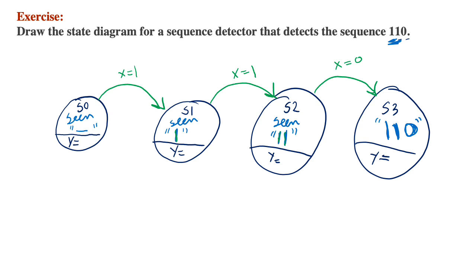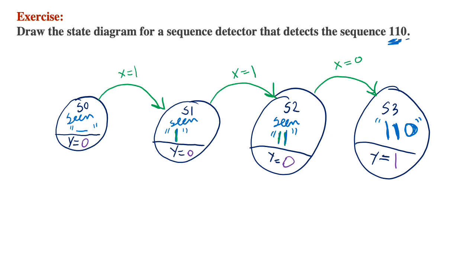In the last state, state 3, I've received the entire sequence, so I will output a 1, y is equal to 1. In all other states, I don't have the sequence yet, so all other states are going to output a 0 besides state 3.